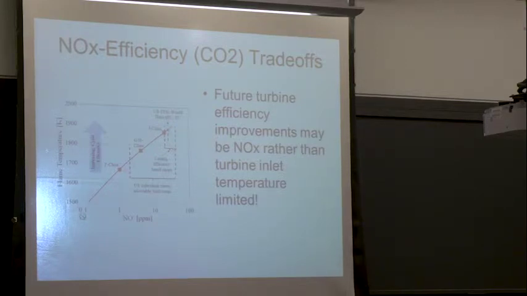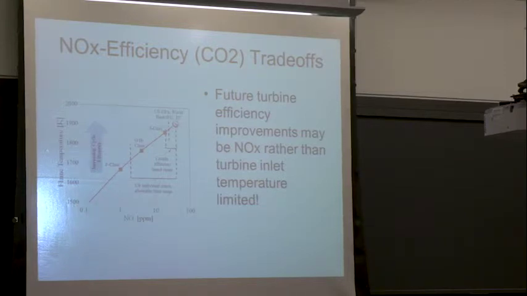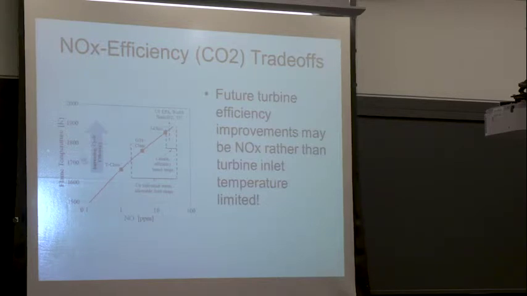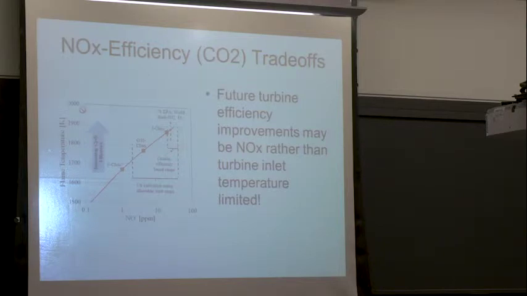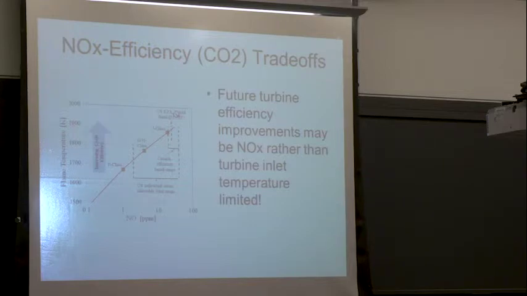But what you can see is that, let's just say you have a 30 ppm limit. Well, for older engines, NOx was a non-issue, right? You could go up in flame temperature and that would give you better cycle efficiency and you were still way below NOx. But now as we're starting to get up around 1900, 1975 K, you're starting to get into a world where you simply are making a horrible lot of NOx.